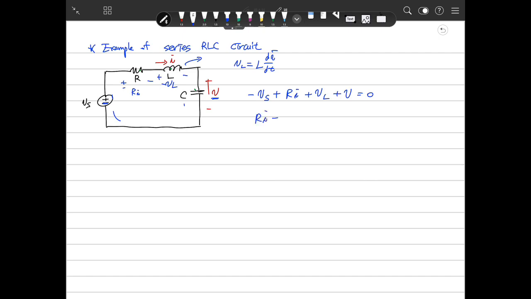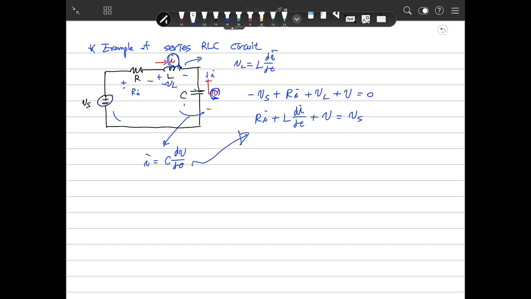So RI plus VL, which is L dI/dt, plus V equals VS. We define the first order differential equation with the current and voltage here. And next, we need to figure out the relationship between I and V. So we know this is I, so the characteristic over here is I will be C dV/dt.